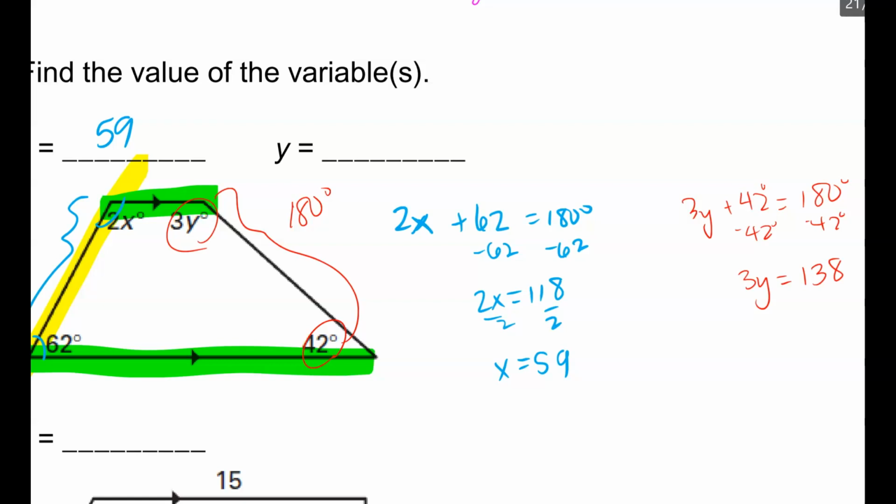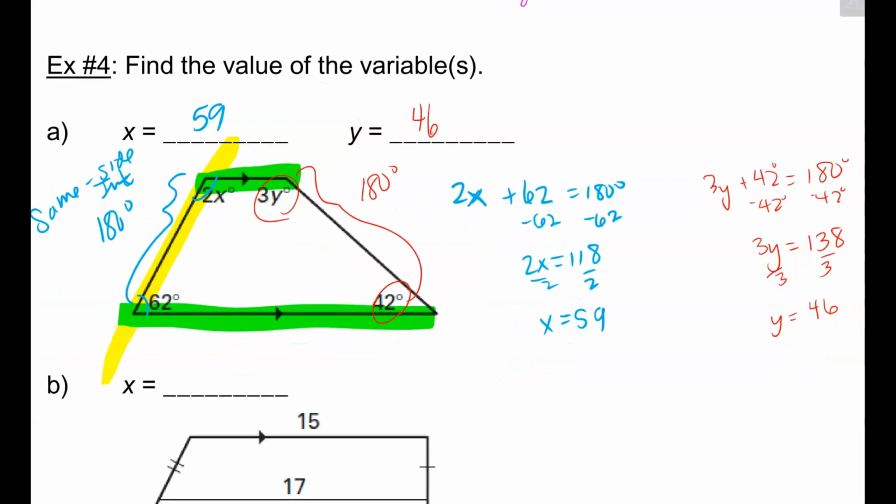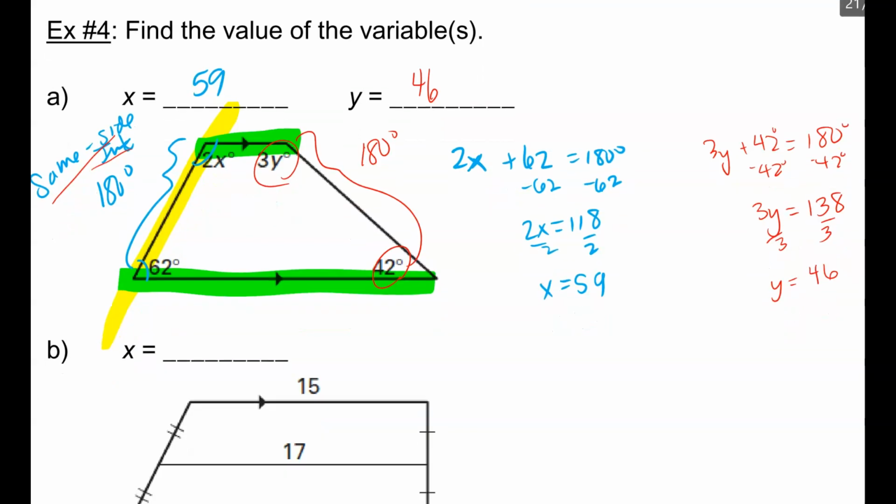Divide by 3 on both sides. Y is equal to 46. Is that right? 3 times 40 is 120 plus 18. Yep, so Y is 46. The whole thing was because we have same side interior, we can add them and they sum to 180.